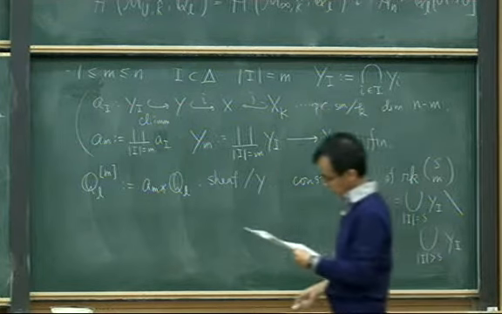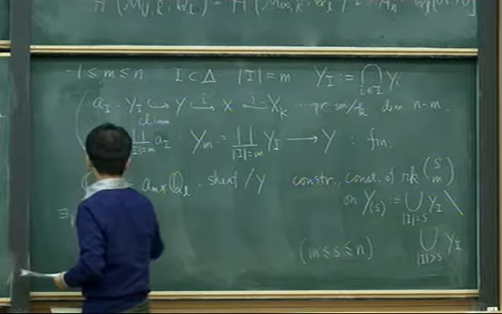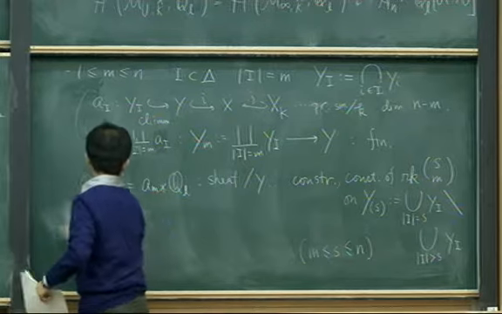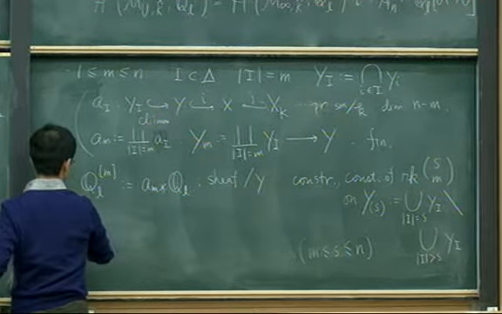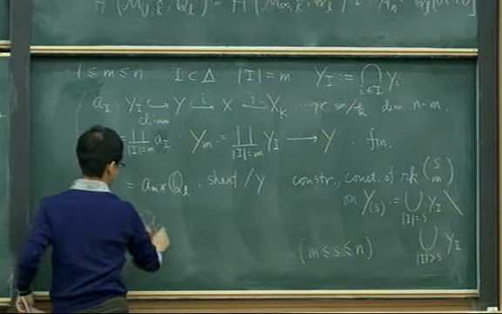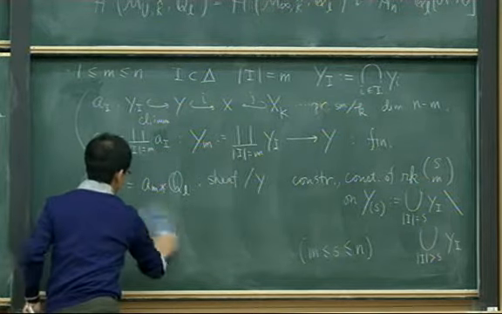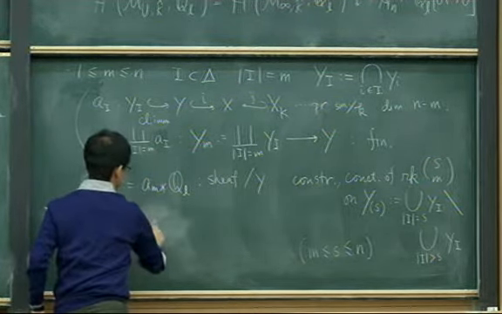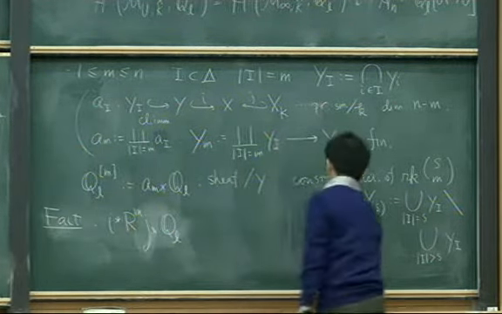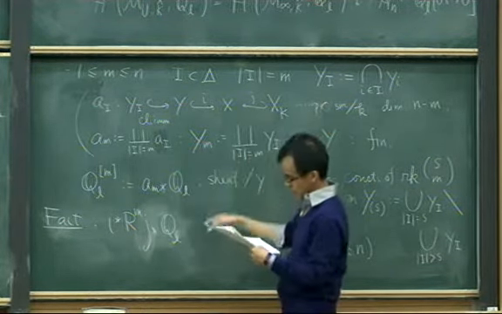Okay, and we have a resolution. Sorry, so I'll try to be quick. So the fact is that i star R^m j star QL, this is not the nearby cycles, but it's Galois cohomology, somehow the rational version of the nearby cycles.